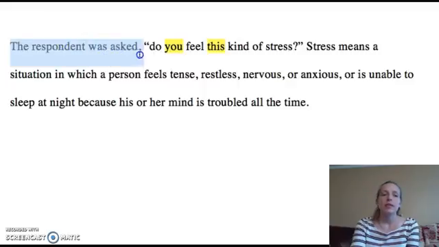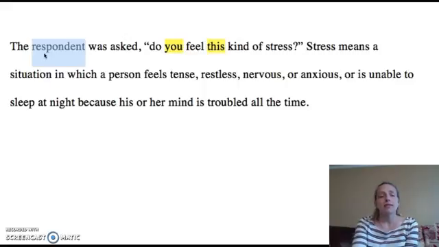The respondent was asked. Well, the only noun that we found before was respondent, but we decided that respondent, it is singular, but it's definitely alive. So it will not fit in for this. So this is not pointing backwards. Let's see if it's pointing forwards. What kind of stress does the respondent feel?